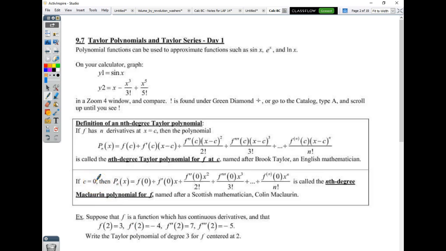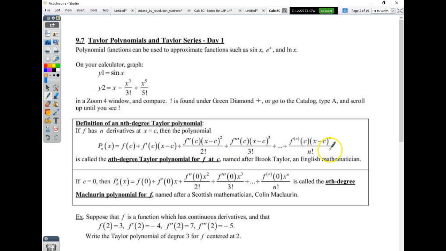And we know that 99.999% of the time, things are really easy at 0. However, there will be instances, and some of that comes down to some functions working a little differently than others, where I want to actually shift my center, and if I shift the center, I'm going to need to use the Taylor polynomial function. Again, it's the same concept.